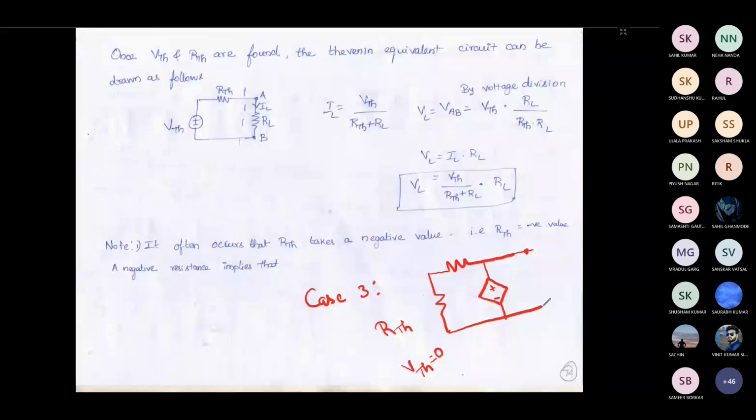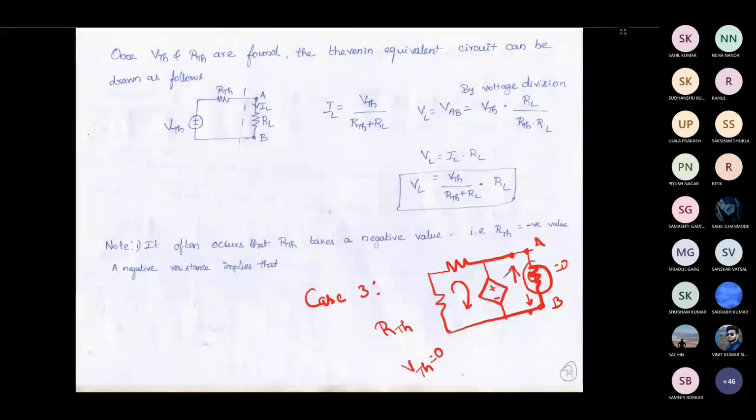So the voltage across this terminal will also be 0. If this is the load terminal and you remove the load to find VTH, the voltage across this terminal will be 0, because there is no voltage source and so you cannot have a current flow in this circuit. If there is no current flow, you cannot have any voltage across this terminal.